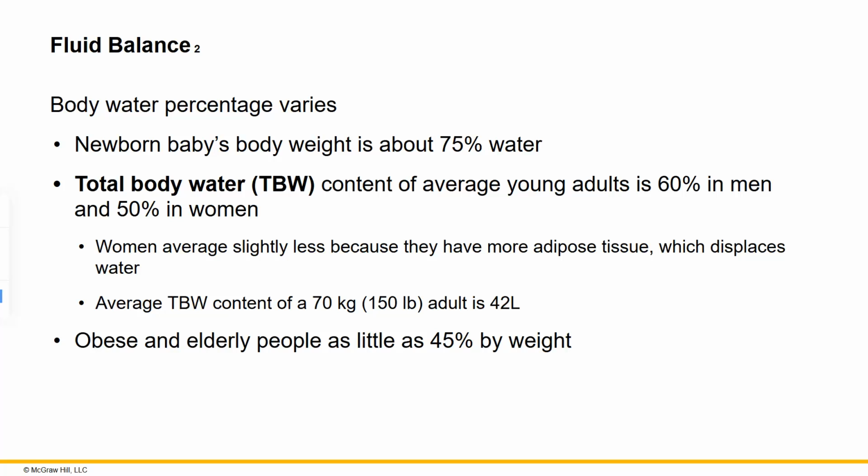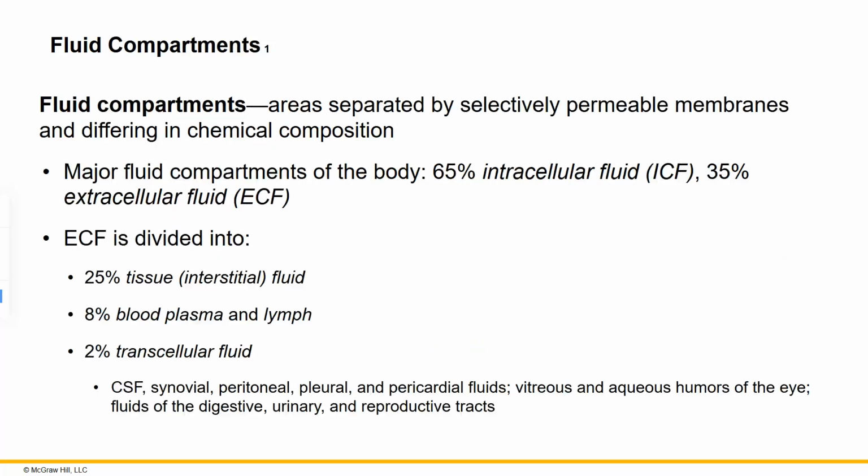Why is it less in women? Because women tend to have more fat in their bodies, and the more fat, the less water is stored. Men tend to have more muscle mass, so more muscle can accommodate more water. Obese and elderly people are as little as 45% water by weight.